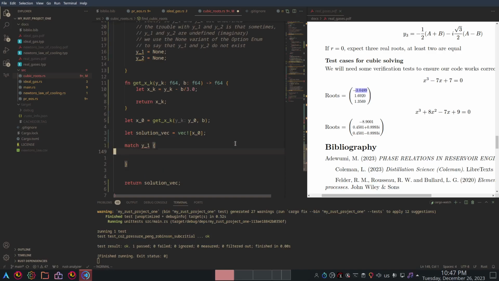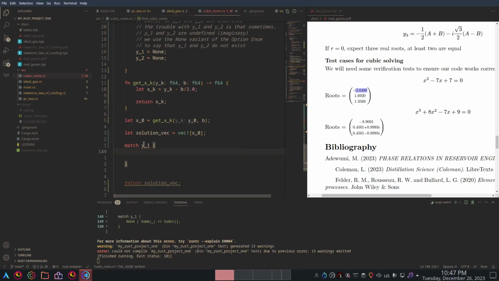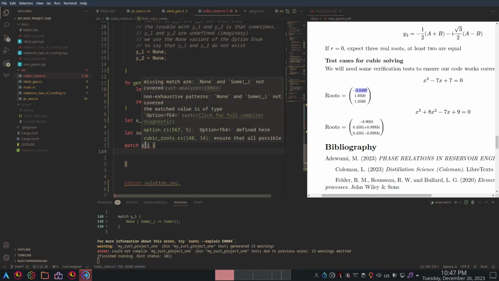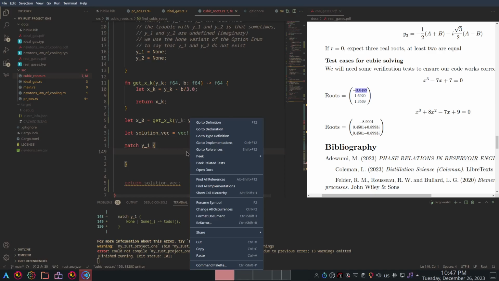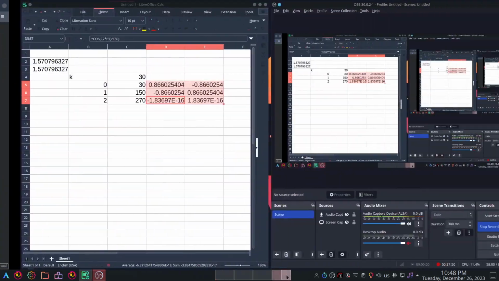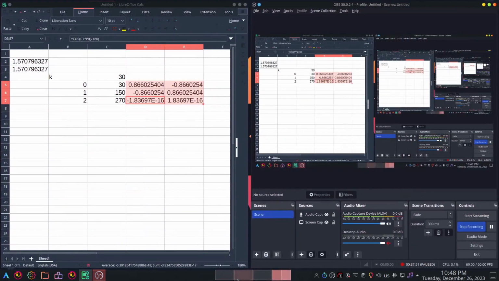So match y1. Y1 is that enum we were talking about, an Option enum specifically. Let's see if there is a code action here that can help.